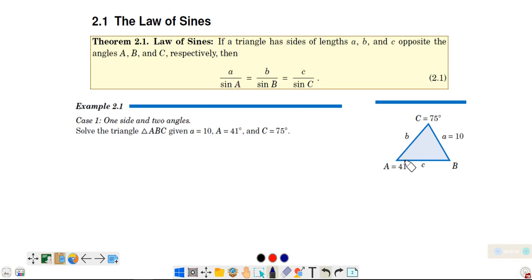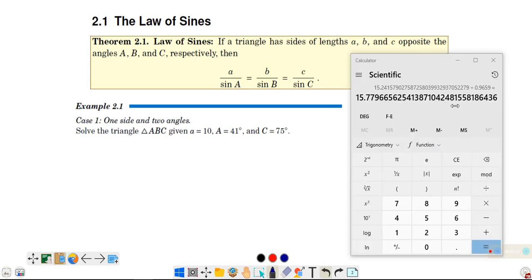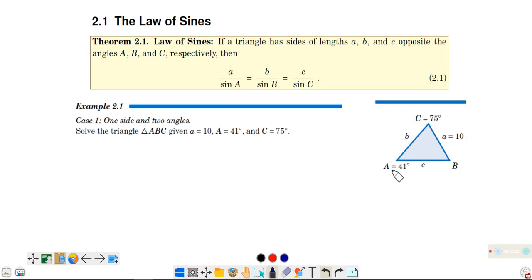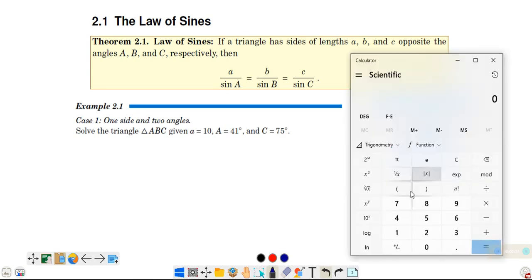Kapag meron ka ng measurement nitong mga angle na yan, you can easily use your calculator to find the trigonometric function values, di ba? For example, sine A. We know that sine A is equal to sine 41 degrees, which will give us 0.656059.